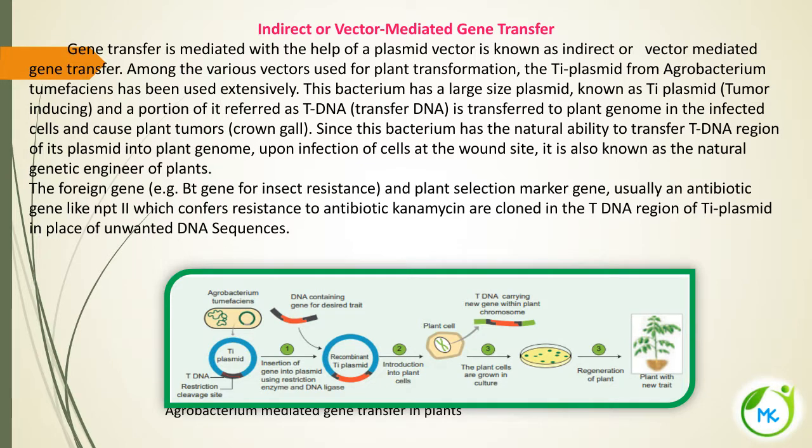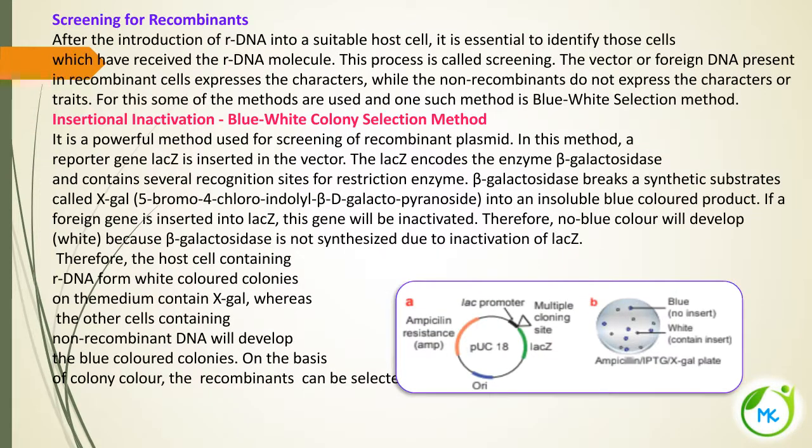The next thing we are going to see is, once we have introduced the recombinant DNA into the host cell, we have to find out which host cell contains the recombinant DNA.